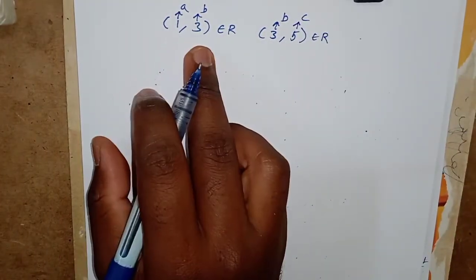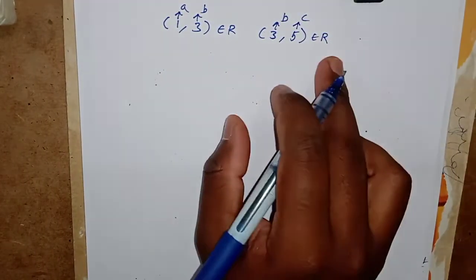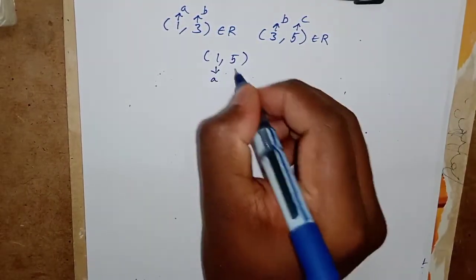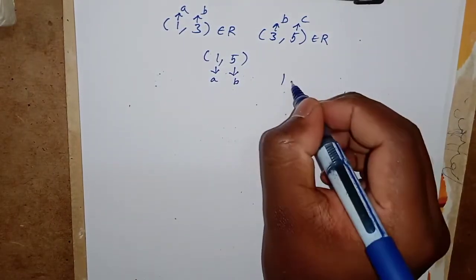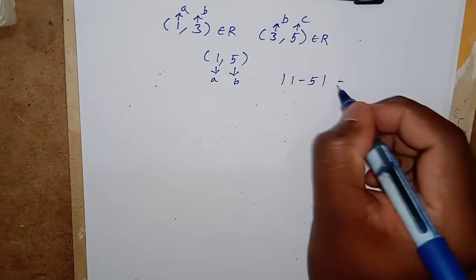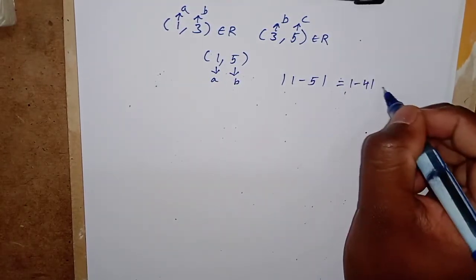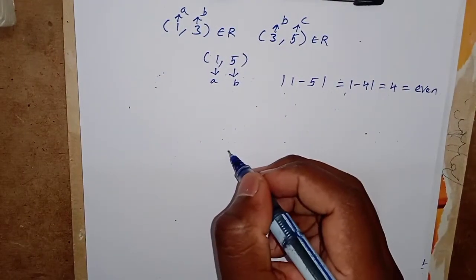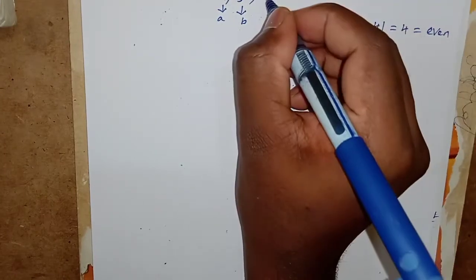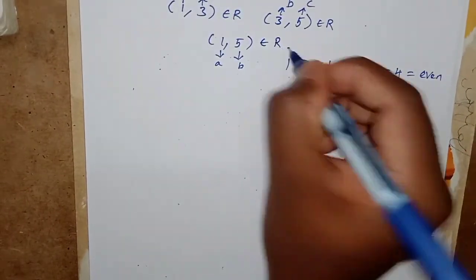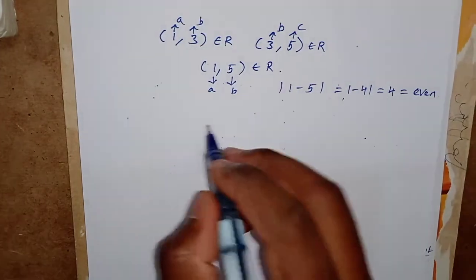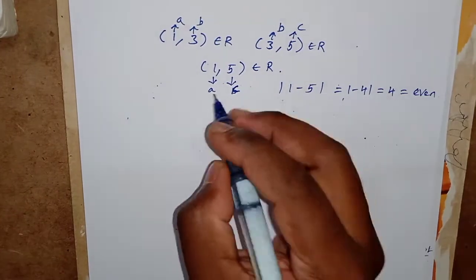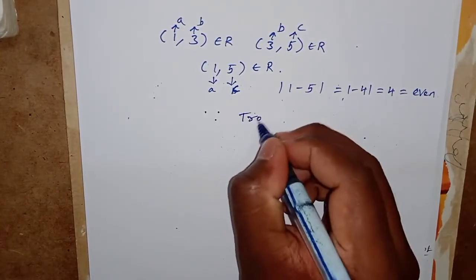(A, B) belongs to R, (B, C) belongs to R. Therefore (A, C), (1, 5). If you subtract, 1 minus 5 equal to minus 4. Taking modulus, minus 4 equal to plus 4. Here it is an even number. Therefore, it belongs to R because it is satisfying. Therefore, (A, C) belongs to R. Therefore, here it is satisfying the transitive relation.